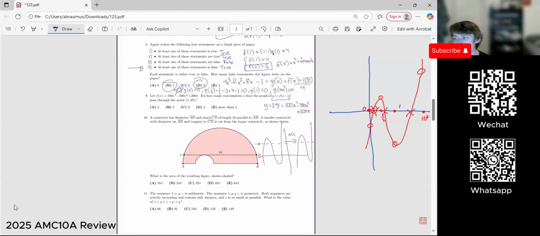You might be saying, Mr. Corbin, how did you know to try those values? And how did you know to even try this strategy? That's kind of the hard part of this whole problem, is knowing what to do and how much effort to put in. Whenever I see a cubic polynomial, the last thing I want to do is factor it.